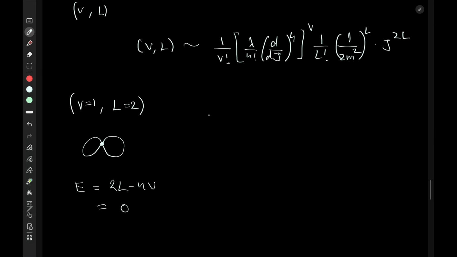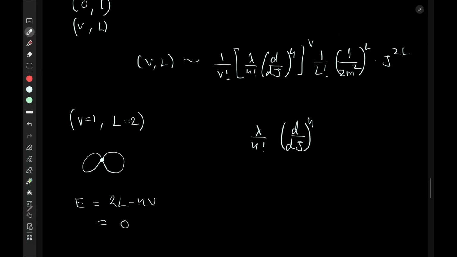and the corresponding factor, because the V is 1, so I'll have d over dj to the power 4 times lambda over 4 factorial. L is 2, so we will have 1 over 2m square to the power 2. I'm calculating the factor from this, then I'll calculate it from Feynman rules, and we will see if they match up.